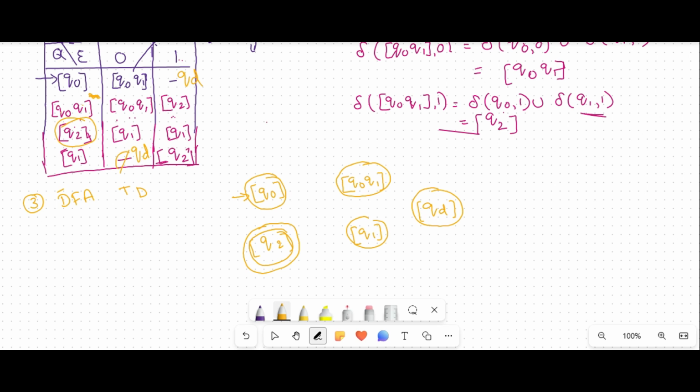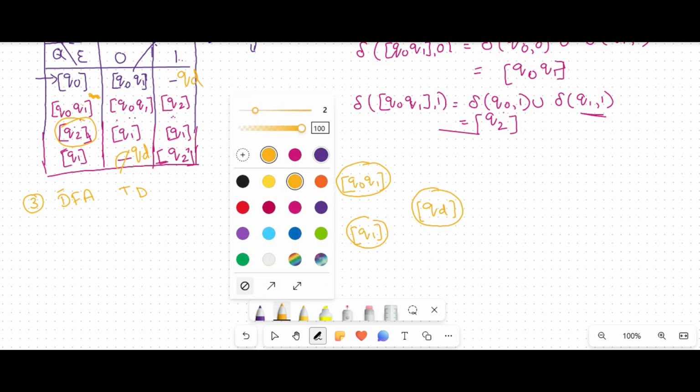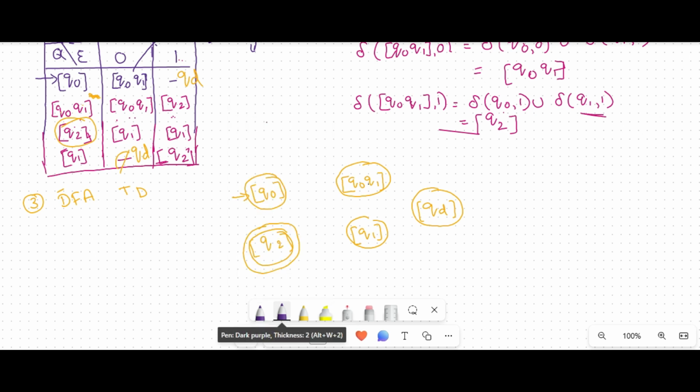Now I am representing the transitions. Q0 with 0, Q0. Q0 with 1, Q0 Q1. Q0 Q1 with 0, Q0 Q1.